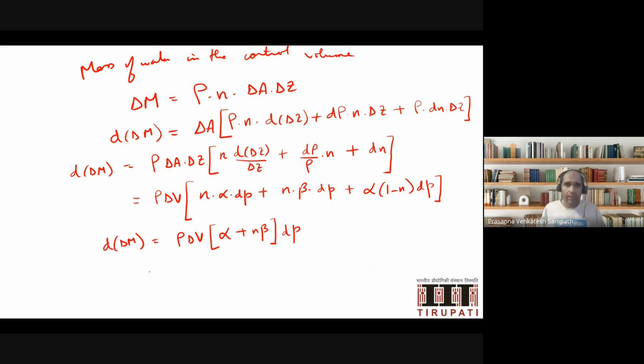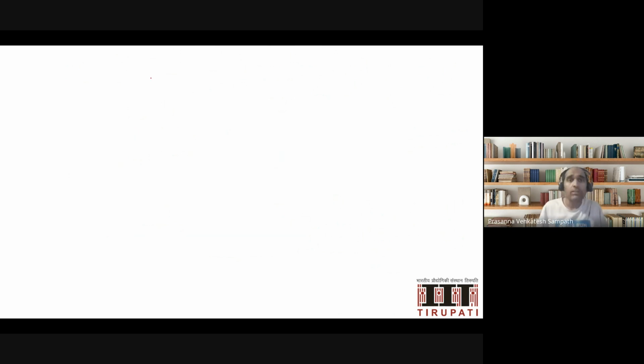So if I rewrite this again in this form, d delta m divided by rho delta v equal to alpha plus n beta times dp. Okay, we will just carry this forward to the next slide and then continue from there. So it's d delta m divided by rho times delta v equal to alpha plus n beta times dp.